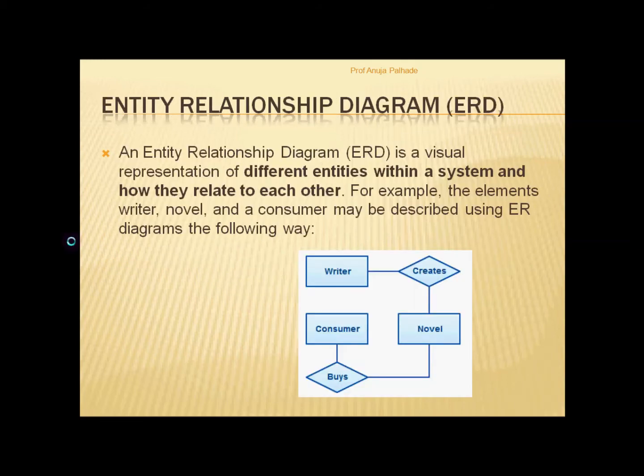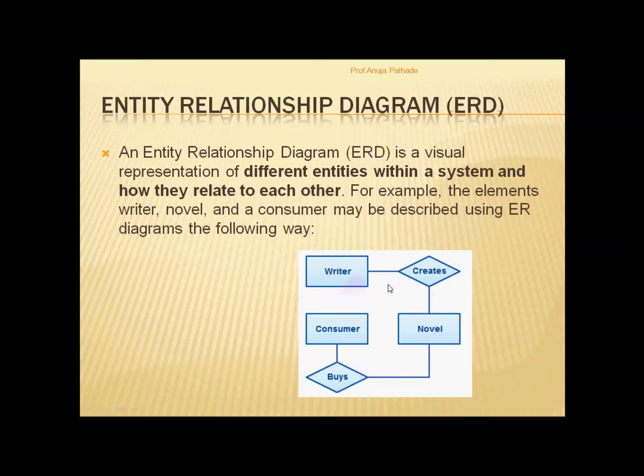Moving forward, the entity relationship diagram, that is ERD, is a visual representation of the different entities within a system and how they relate to each other. For example, the entities writer, novel and consumer may be described using an ER diagram as follows. See here, this is a short ER diagram in which writer, consumer and novel are the entities, and they are related to each other with some relationships.